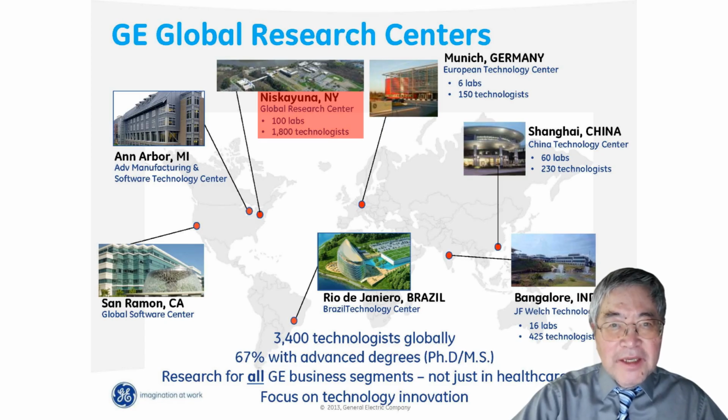And what makes GE even more impressive is the global reach of their research. They have major centers across the US, Europe, Asia, and South America. For example, the Global Research Center in Niskayuna, New York, right near RPI, is home to over 100 labs and nearly 2,000 technologists. For a student interested in imaging, that's a golden opportunity.